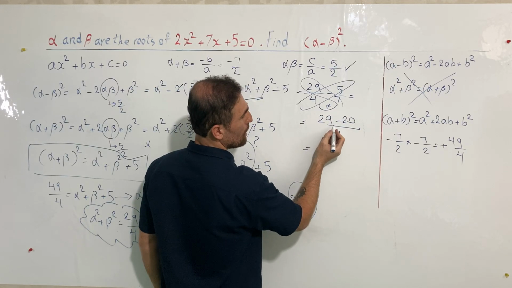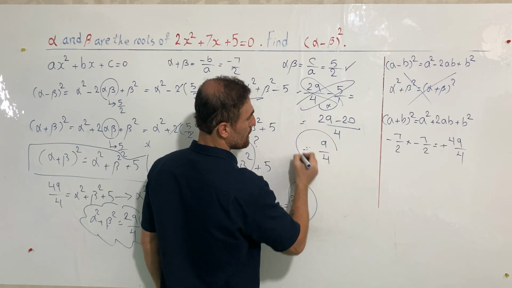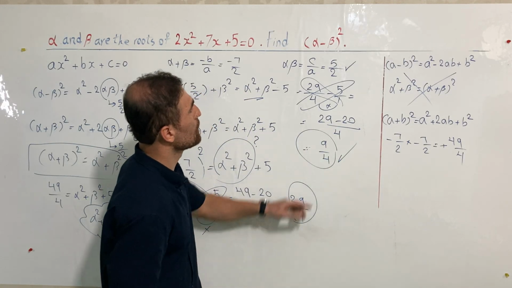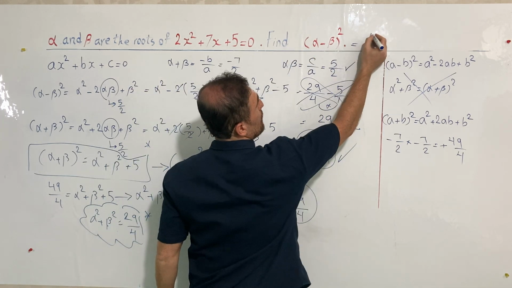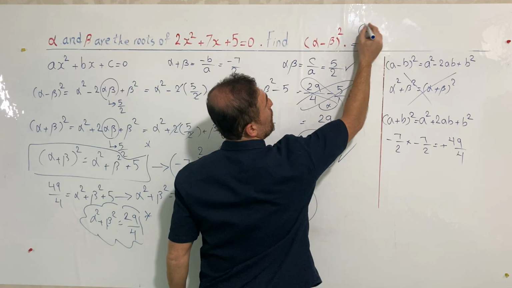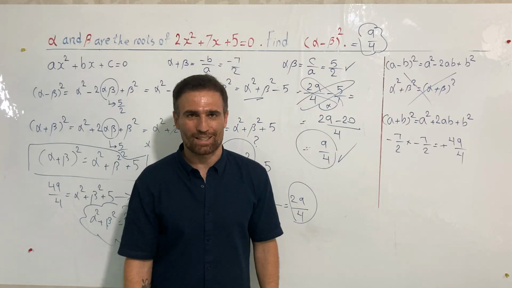So 29 minus 20 is 9 over 4. And this is the final answer, which means alpha minus beta squared is going to be 9 over 4. And this is the most simplified answer of our question. Have fun.